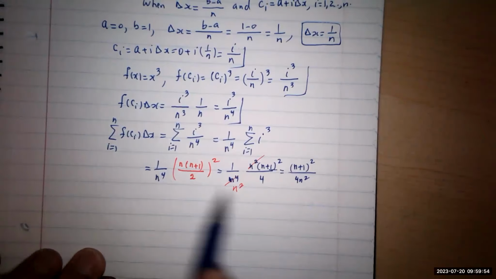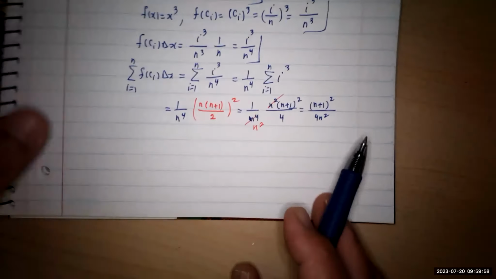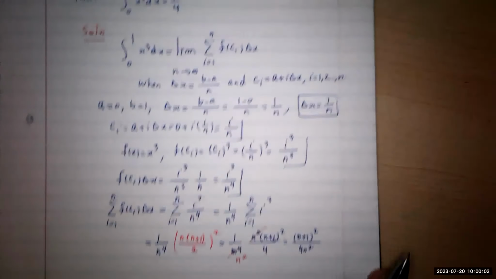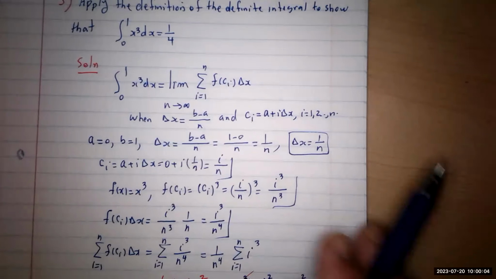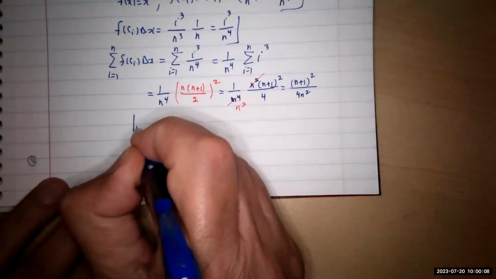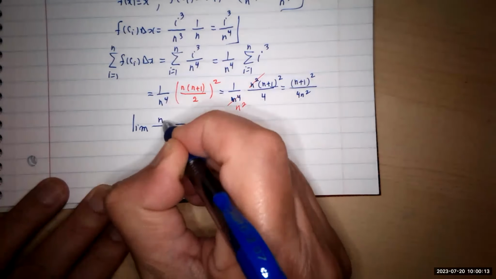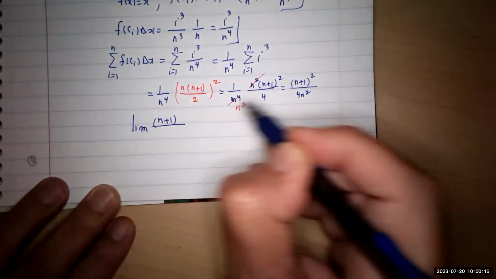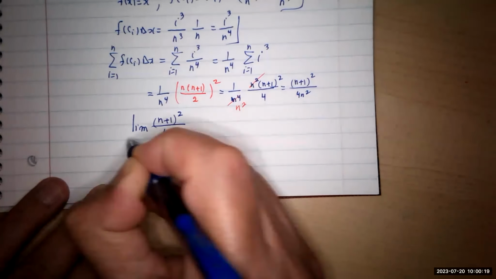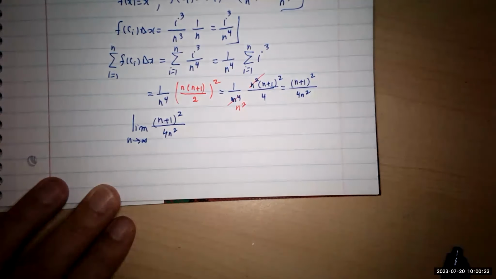That's the sigma. So what to do: you take the limit as n goes to infinity. We did the sigma, so we have to do the limit. The limit of n plus 1 whole squared divided by 4n squared as n goes to infinity. Remember, for the limit we shrink it to the leading term.